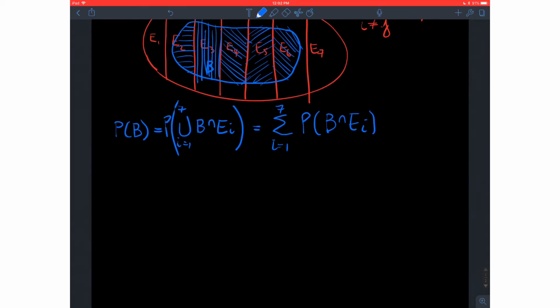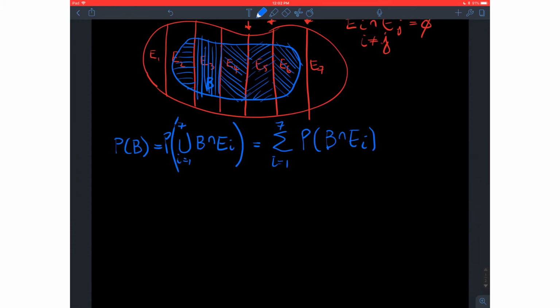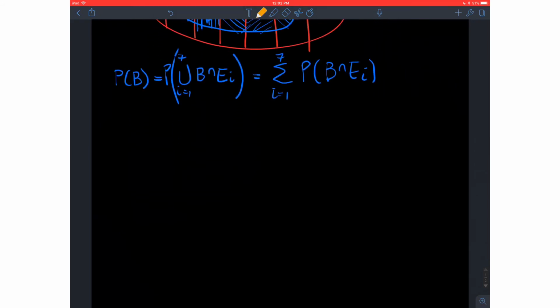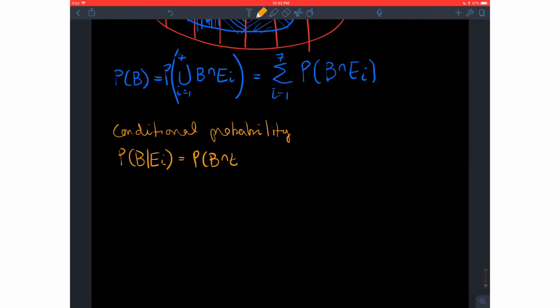Okay, great. So again, we've written out an equation, but we don't yet care about it. So why could this actually be something of interest? Okay, so I'm going to take another color and remind you of the definition of conditional probability. And that's that the probability of B given Ei is equal to the probability of B and Ei divided by the probability of Ei.